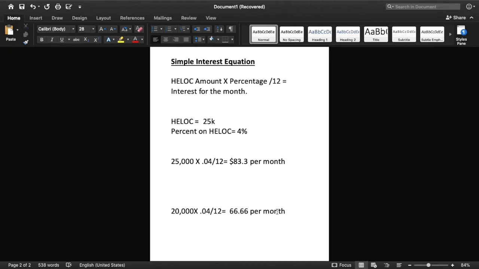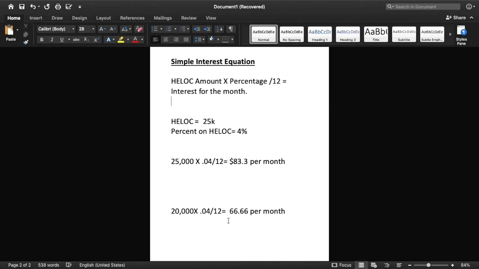And this is where we use that velocity banking strategy, where if we're going to borrow, we're going to park, or put our income into the line of credit, into the HELOC, and then incrementally take it out for our expenses. So again, this is just a simple way of how to calculate simple interest.